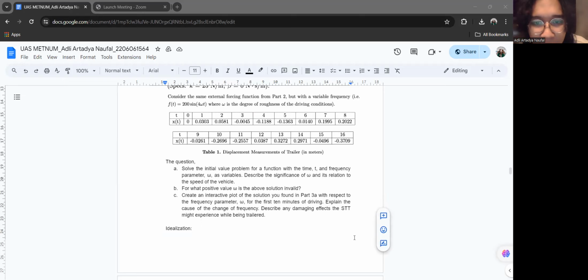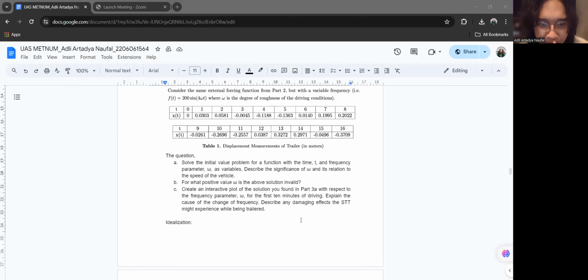And C, create an interactive plot of the solution you found in part 3A with respect to the frequency parameter omega for the first 10 minutes of driving. Explain the cause of the change of frequency. Describe undamping effects the STT might experience while being tailored.